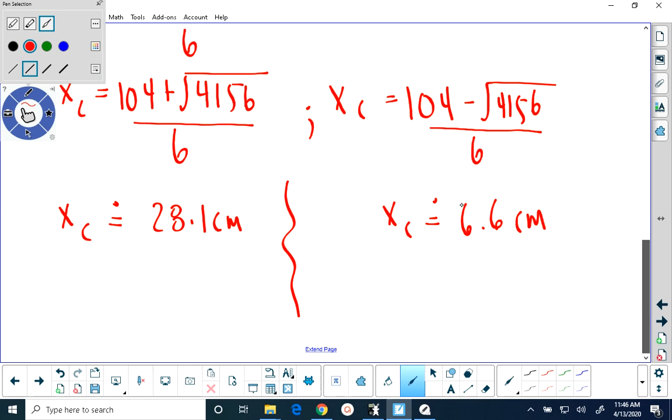And 6.6 centimeters is going to be the answer. The length of the side that we're going to have to cut out will be 6.6.